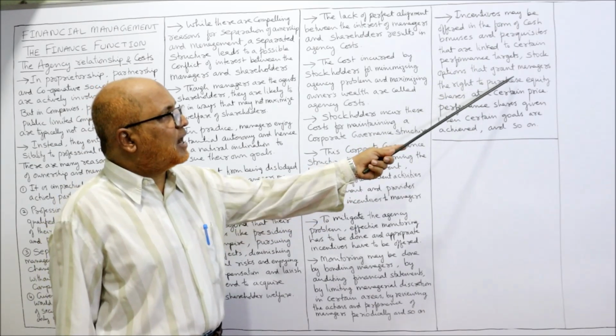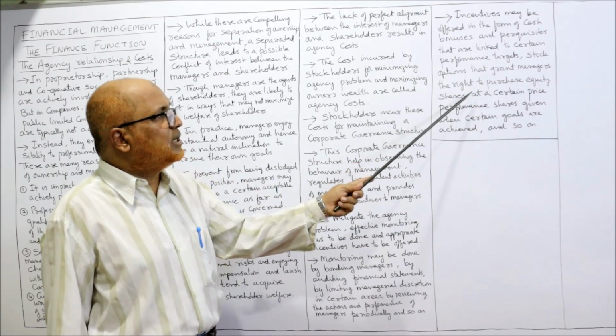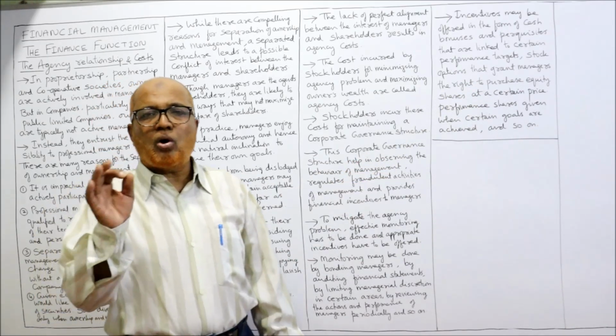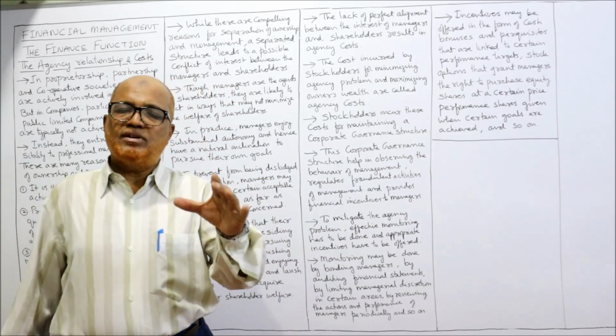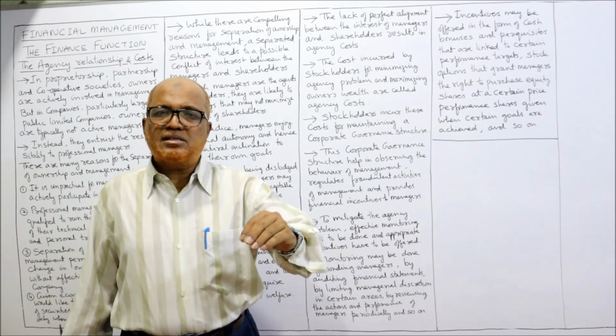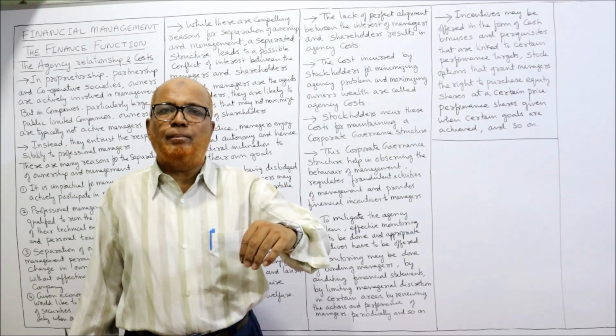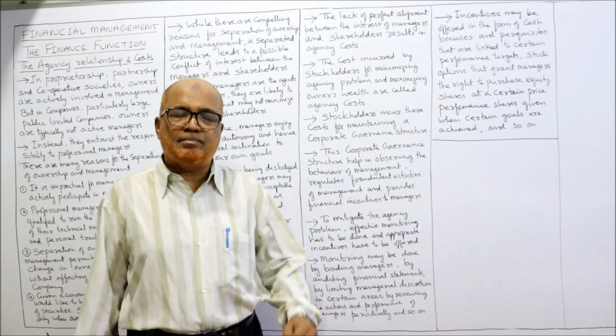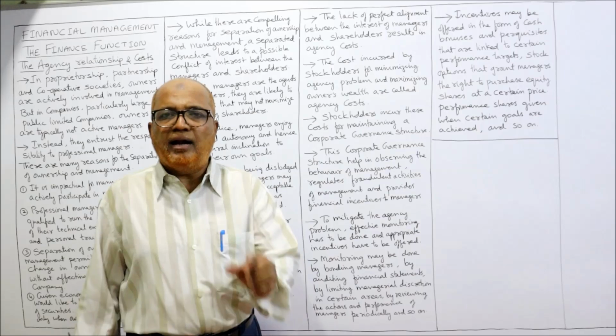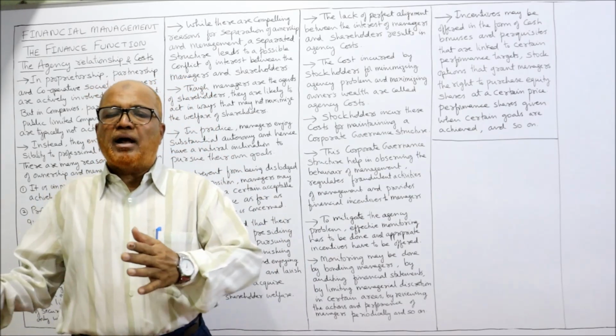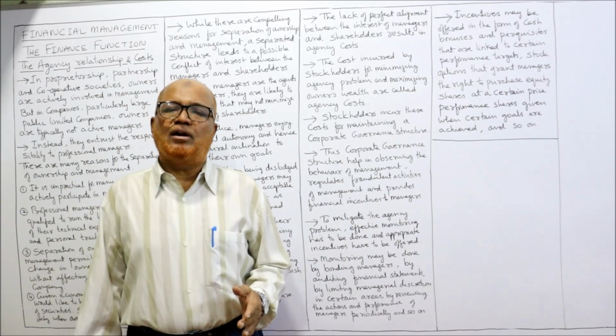Stock options grant managers the right to purchase equity shares at a certain price. Stock option means if they achieve a certain target, shares can be offered by the company to the managers or directors at a certain price. For example, in the market, the share price is going at 500 rupees.